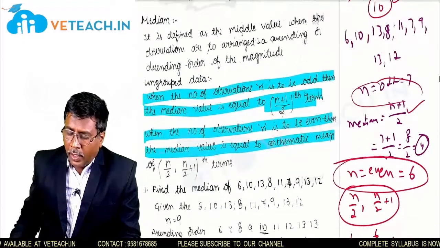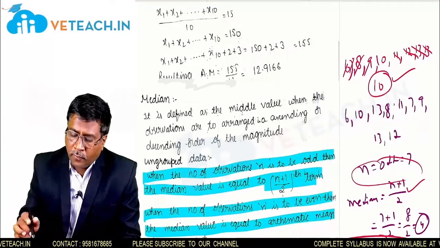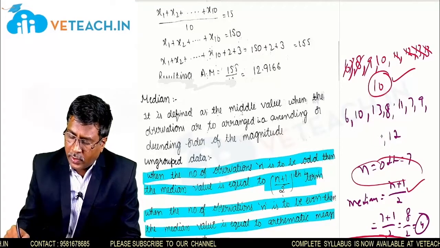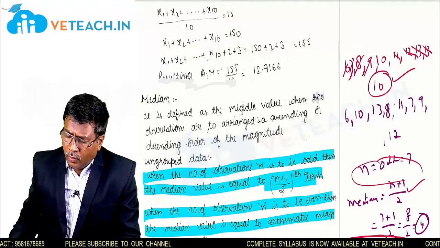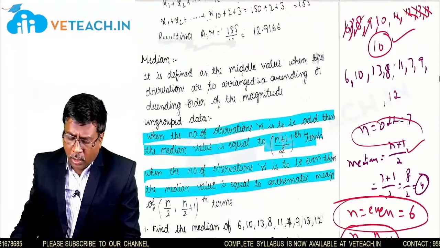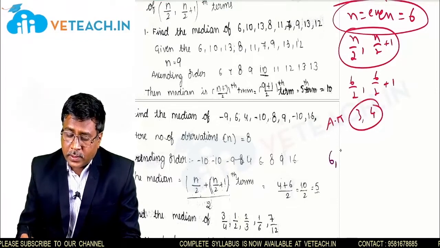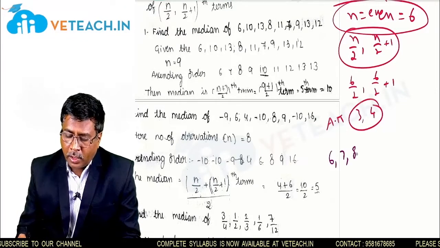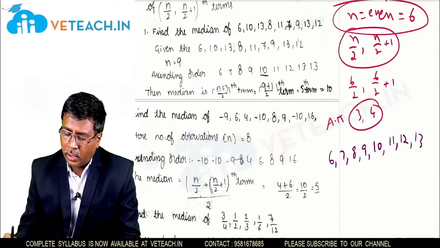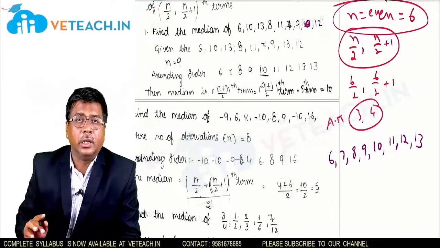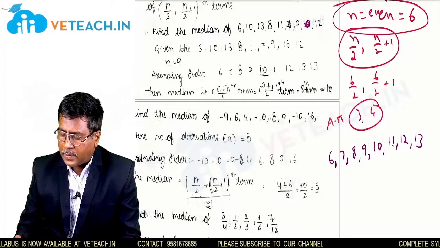Similarly, if n is even, suppose we omit one 13 from the data. Arranging in ascending order: 6, 7, 8, 9, 10, 11, 12, 13. How many observations are there? 1, 2, 3, 4, 5, 6, 7, 8.